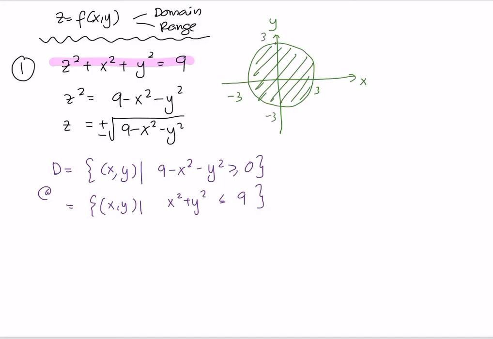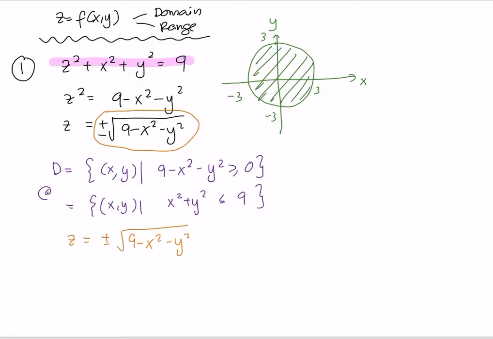Alright, now let's look at the range. How do you determine the range? You need to refer to the output, so you need to know the value for z. You know that z is equal to plus minus the square root of 9 minus x squared minus y squared.